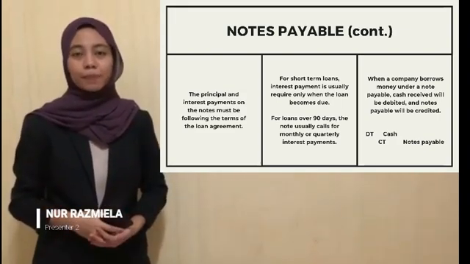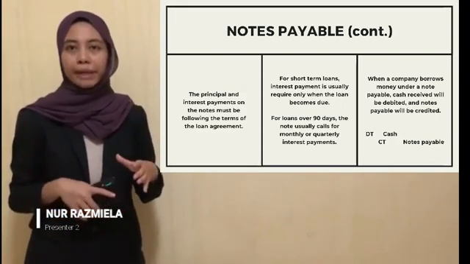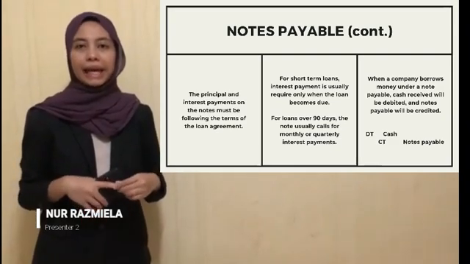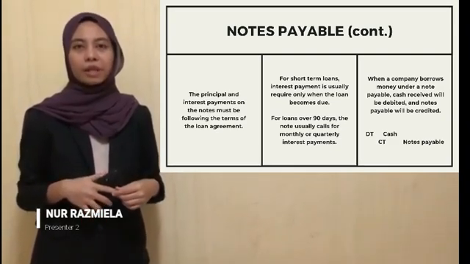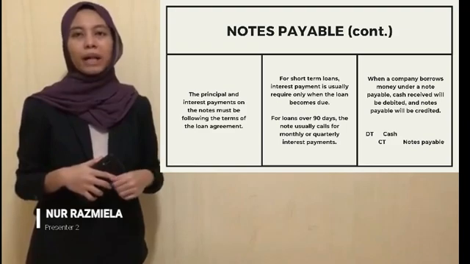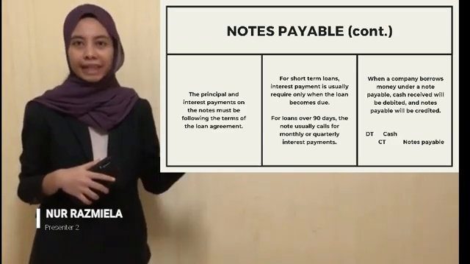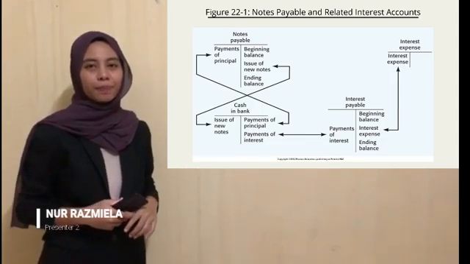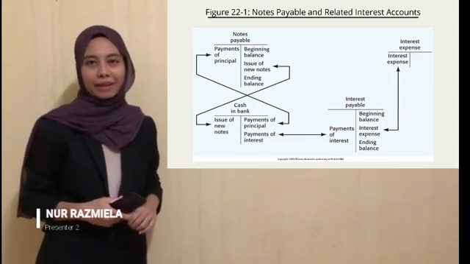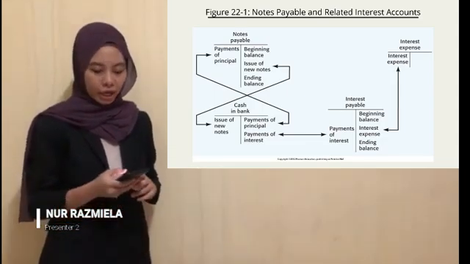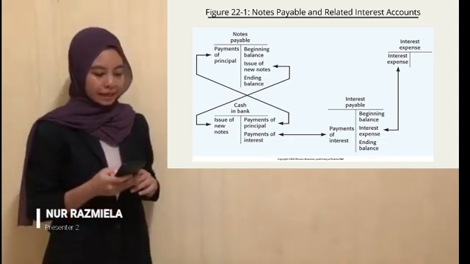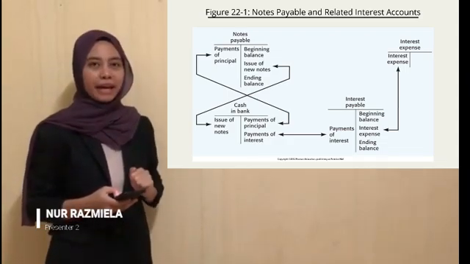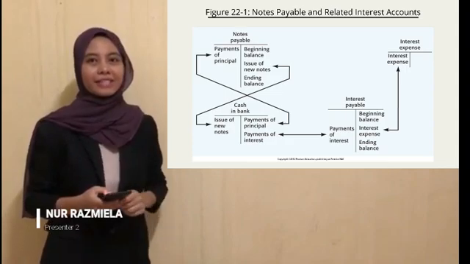When a company borrows money under a note payable, the cash received will be debited, meanwhile the notes payable will be credited. For this slide, you can refer to page 680, figure 22.1, which shows the accounts used for notes payable and other related interest.